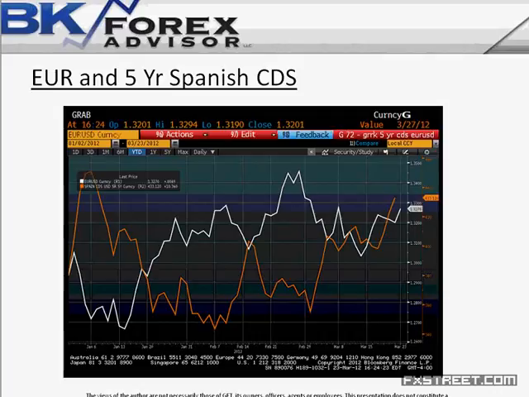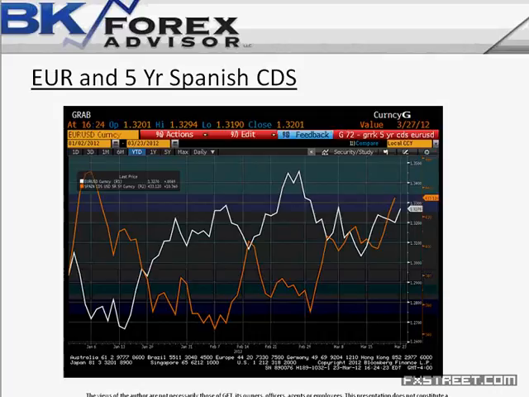This is another chart of the euro dollar and the 5-year Spanish credit default swap spread. The white line is the euro dollar, the orange line is the Spanish credit default swap spread. You see a reverse correlation here: when the Spanish CDS price falls, it tends to be positive for the euro, and when it rises, it tends to be negative for the euro.